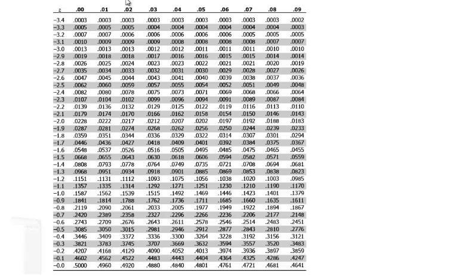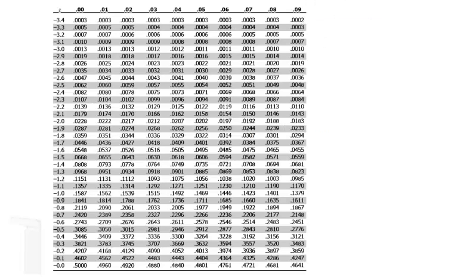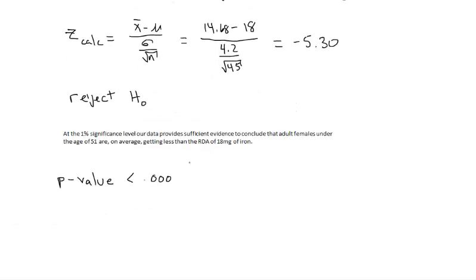So we go back to our problem and we would say, instead of p-value equal to, p-value is less than 0.0003. And this p-value also helps verify that our data was significant.